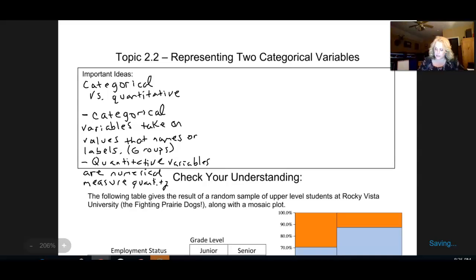You may be able to see the other filled in notes better. It's nicer writing than mine. And then the second main idea that we had in this section was, and this isn't topic 2.2, I think the worksheet I got this from, that was their topic, but we're still in chapter 1. So, displays of categorical variables. How do you display categorical variables?